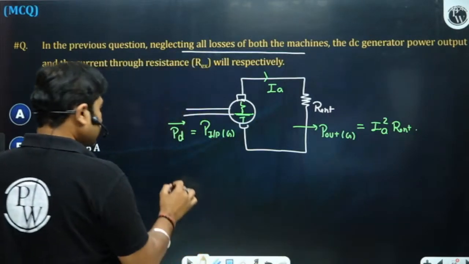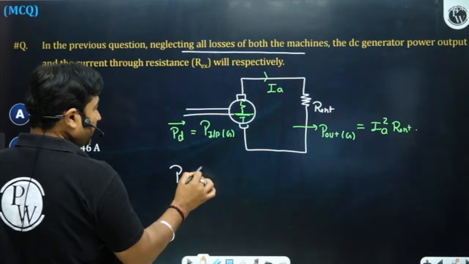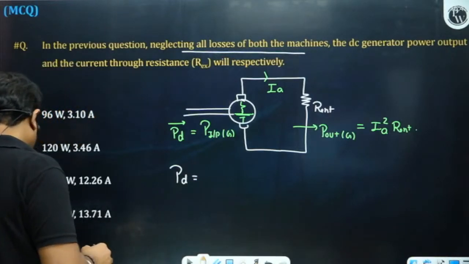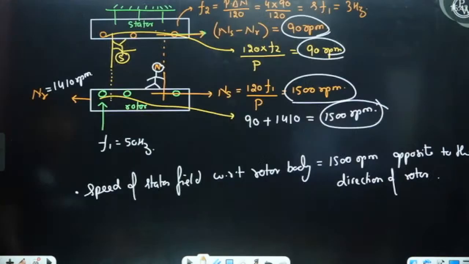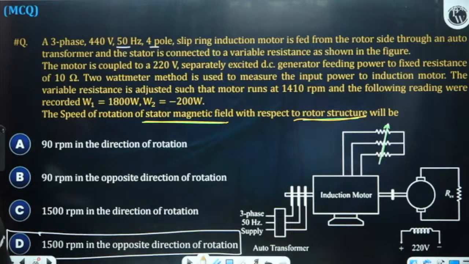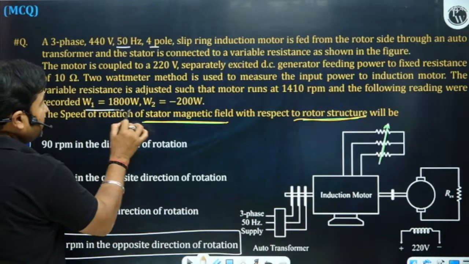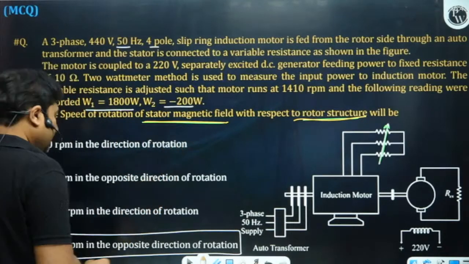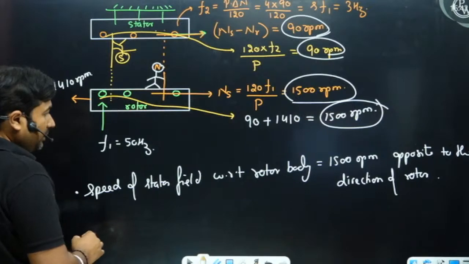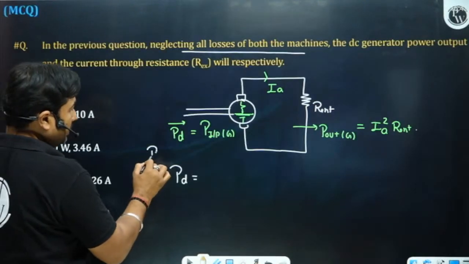So, what is the developed power obtained from the induction machine? Sir, the input power to the induction machine is W1 plus W2, which is the air gap power.